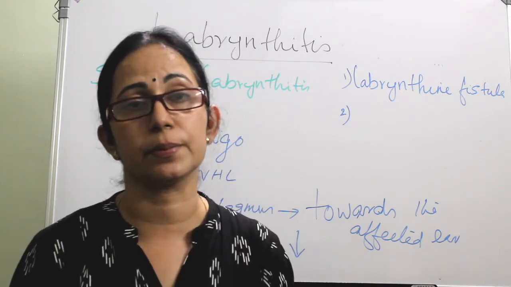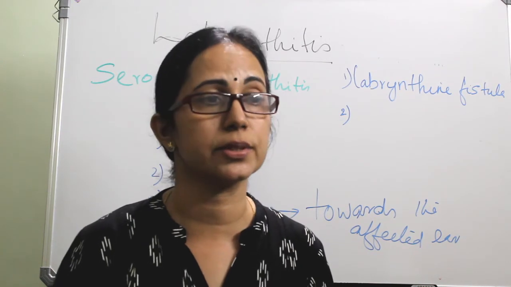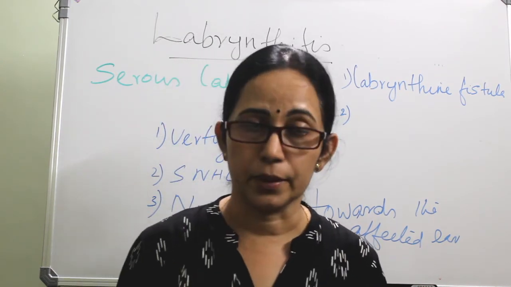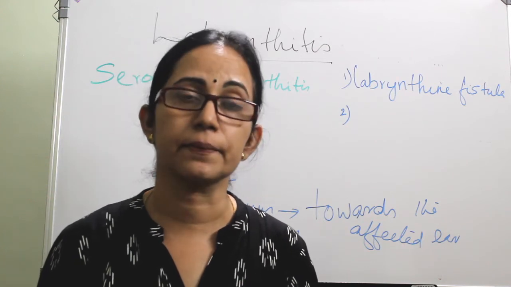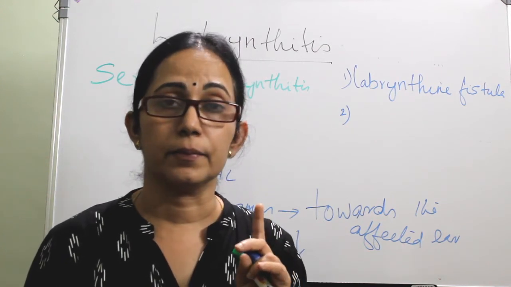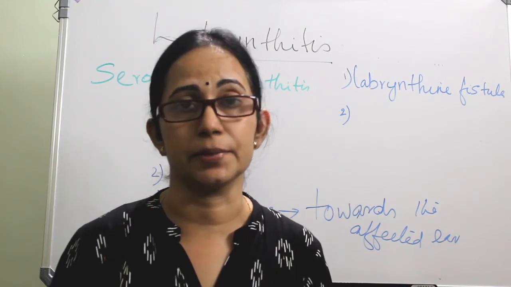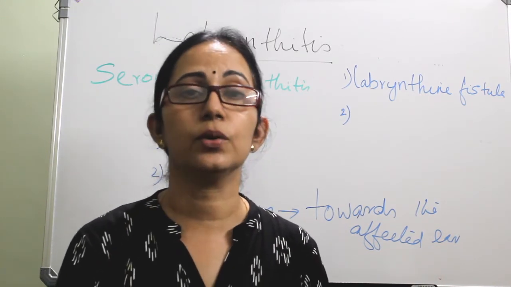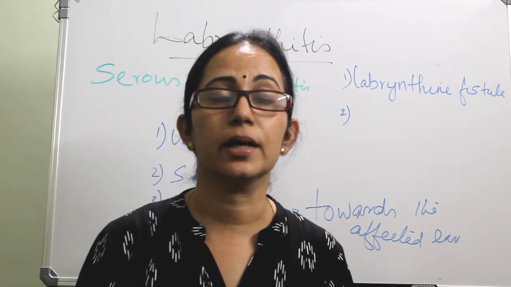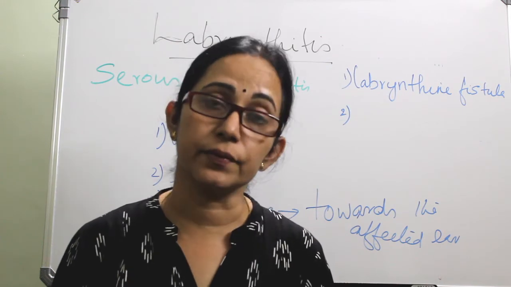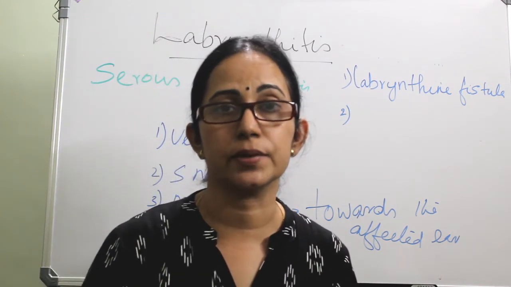But if it is due to a chronic otitis media with cholesteatoma, go for a modified radical mastoidectomy and complete removal of the disease. And always you should give prompt and correct, timely treatment. Then only will this serous labyrinthitis stop there and the condition revert back to normal. Otherwise, it will progress to a suppurative labyrinthitis.